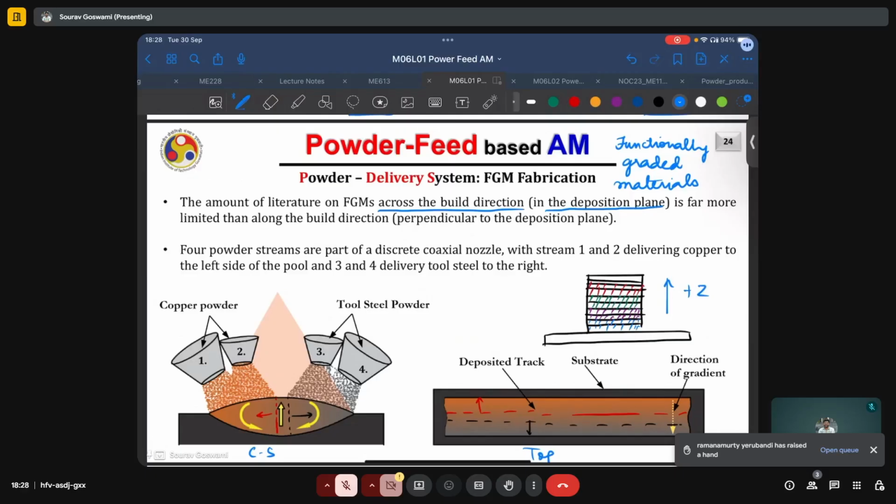Four powder streams are part of a discrete coaxial nozzle, with streams 1 and 2 delivering copper to the left side of the pool, and 3 and 4 delivering tool steel to the right. Even though we can expect from the fluid flow and mixing and flow currents inside the molten pool to lend some sort of homogeneity to this powder mixing, because of the very steep cooling rates and the high thermal gradients of DED-like processes, the system does not really get enough time for these materials to homogenize.